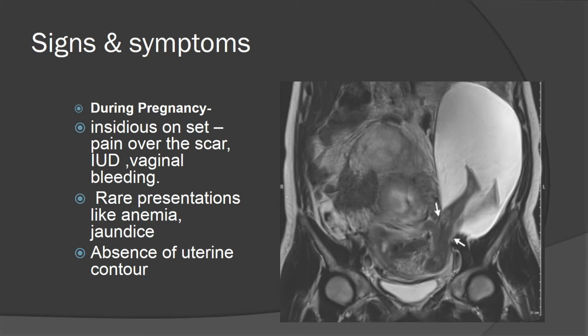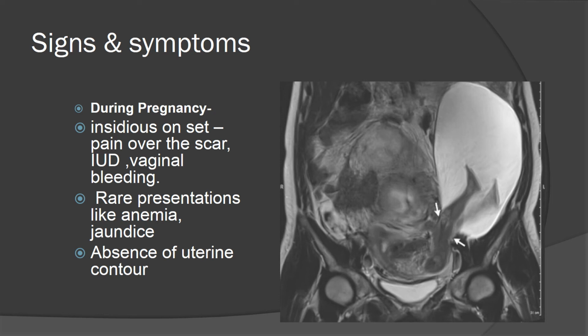On examination, absence of uterine contour or the failure to elicit a Braxton Hicks contraction is a clue to the possibility of rupture. In rare instances, the fetal parts may be felt more superficially, and the uterus may be felt separate from the fetus, and there can be evidence of intraperitoneal bleeding.